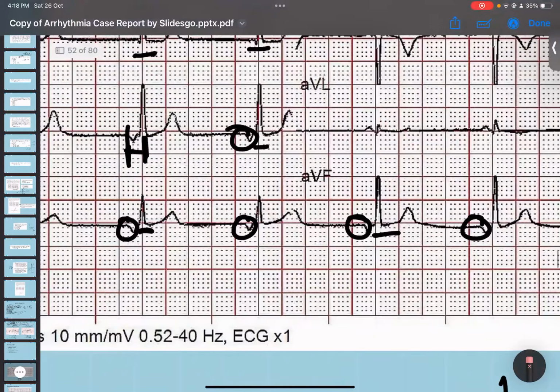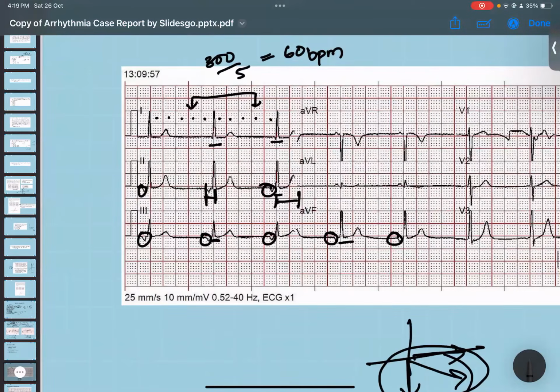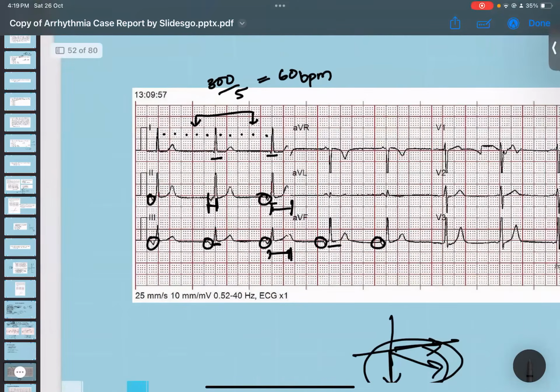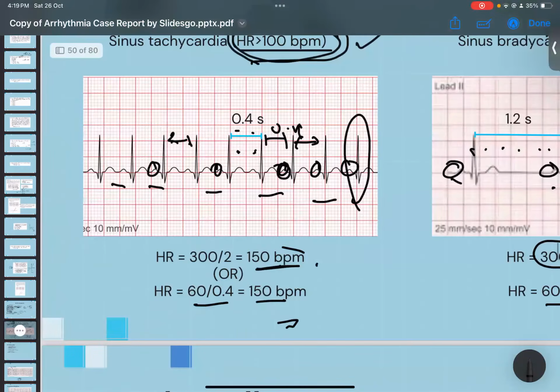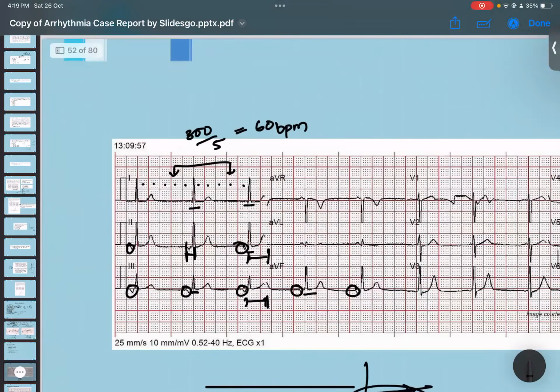Your QT segment is also smaller than 2 big boxes, which is also normal, so this is your QT segment, and it's smaller than 2 big boxes, so normal finding. And then we have the ST segment. There are no elevations or depressions within the ST segment.